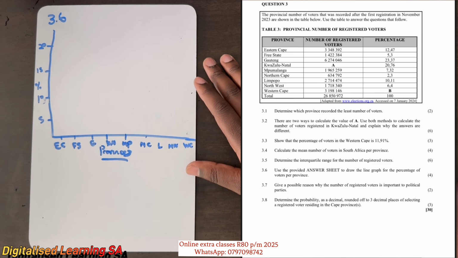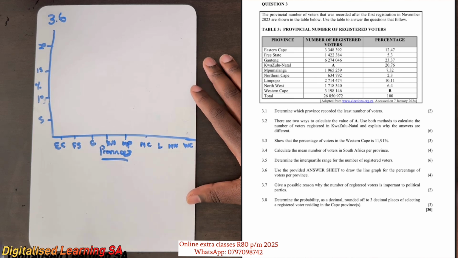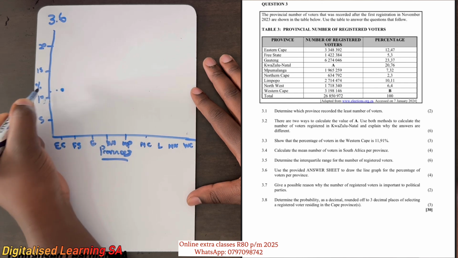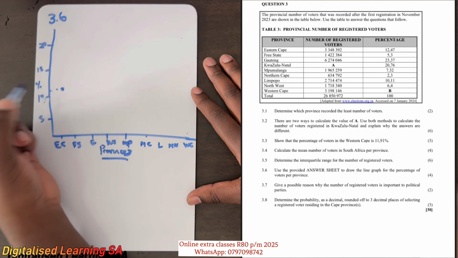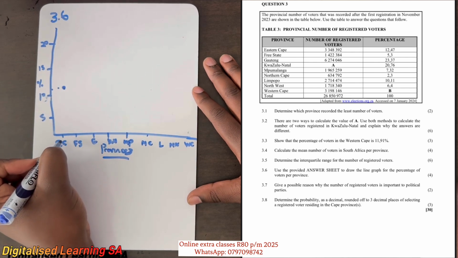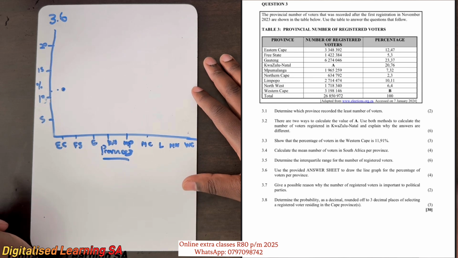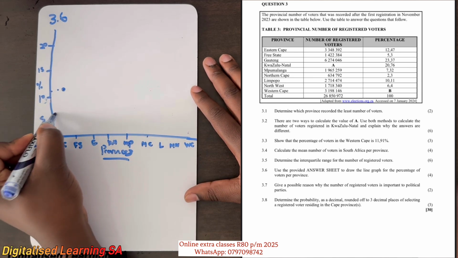So let's look at Eastern Cape. How much was the percentage of Eastern Cape? It was 12.5, meaning that we are going to have our point here. Remember that it needs to be 12.5 this side, and it needs to be Eastern Cape this side. Then next, Free State was 5.3, so we'll have our point somewhere here.